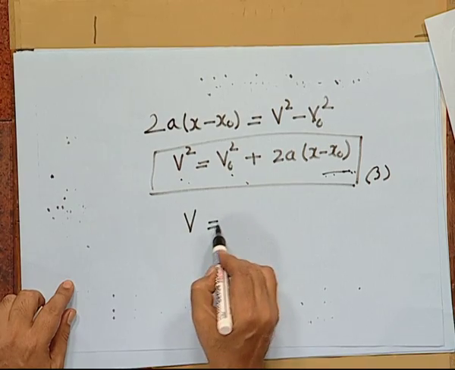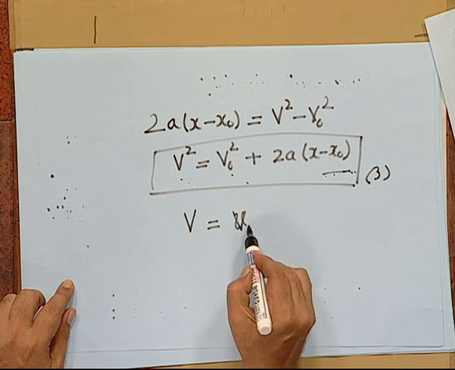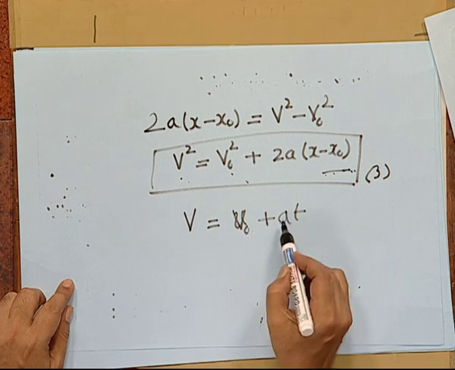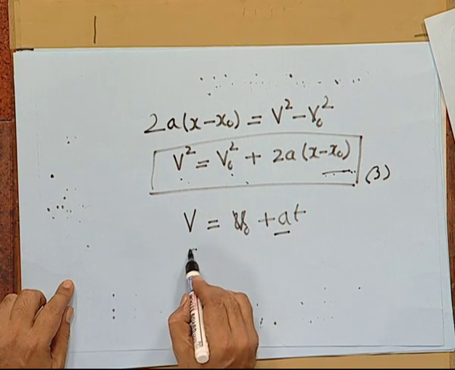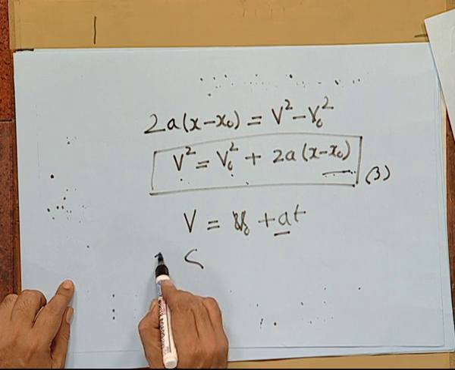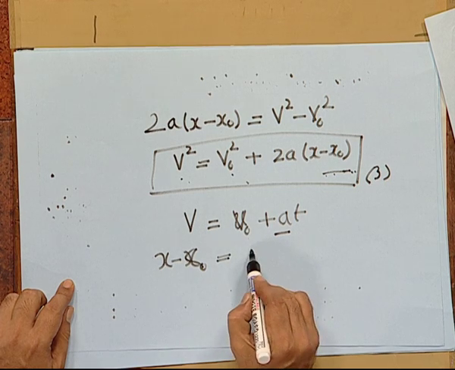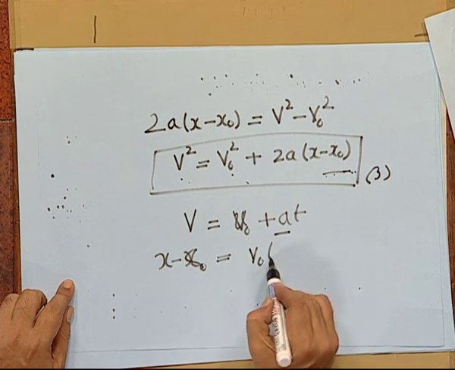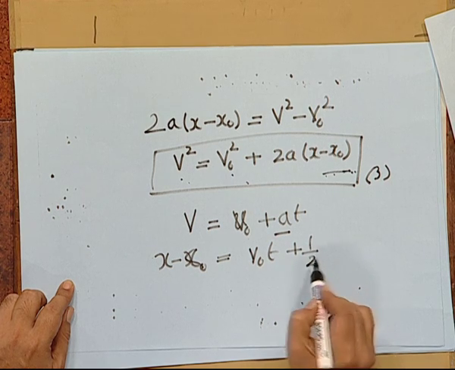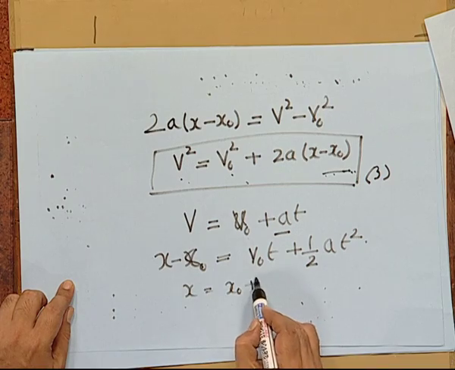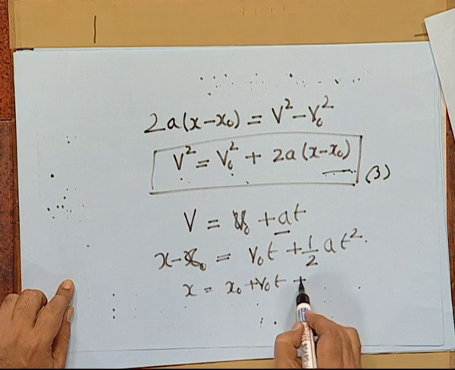basic equations, namely velocity v equals v naught plus a t, how velocity changes with time given constant acceleration, and x minus x naught is v naught t plus half a t squared, or we wrote it as x is equal to x naught plus v naught t plus half a t squared.